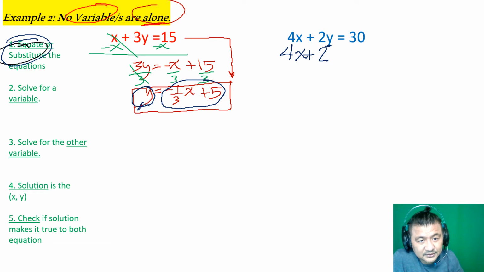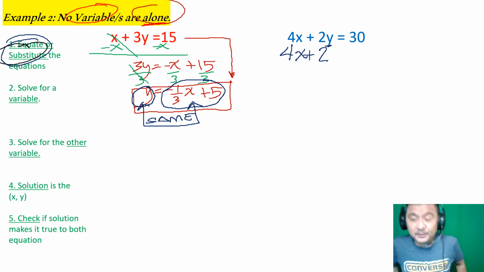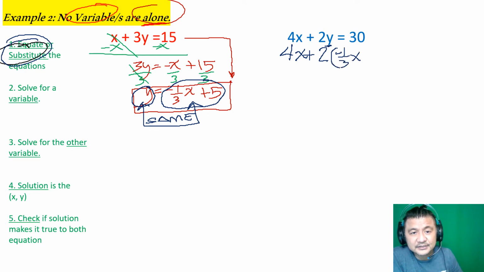Why? Because this one is equal to that one. They are the same. I can apply my substitution now, right? Just like the football players, one will substitute for the other. Okay, so look, instead of writing y, I write in parentheses negative 1/3 x plus 5, equals 30.